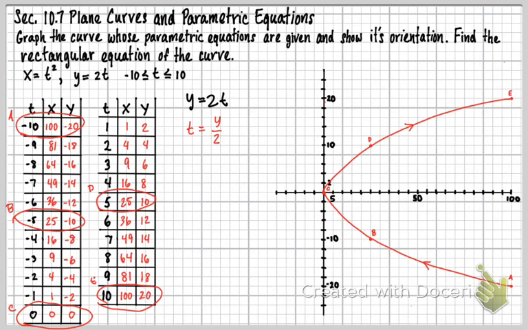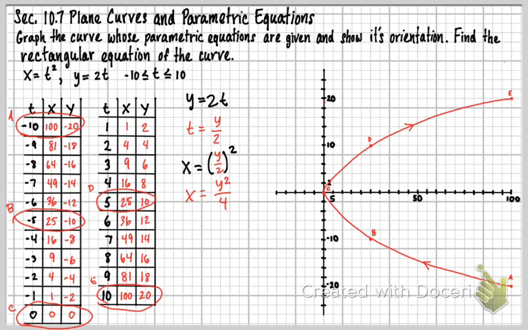All I have to do now is plug that into the other equation. So I have x equals, and then a parenthesis because I have to plug in for t, y over 2, squared. When I square that, I get x equals y squared over 4.